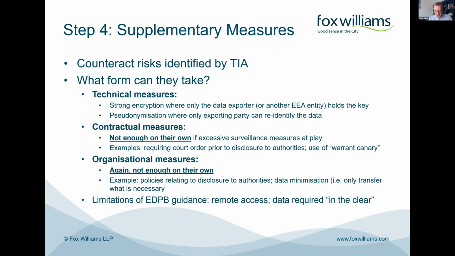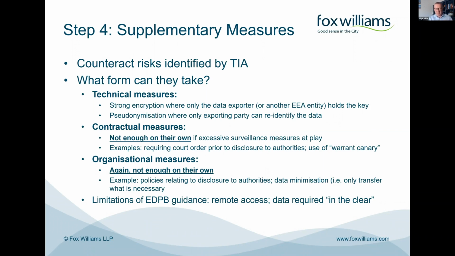Worryingly, they also give the example of where an EU subsidiary shares HR data with its parent company in a jurisdiction such as the US, where public authorities can access that data beyond, as they say, what is necessary and proportionate in a democratic society. And this is a very common scenario, of course, for international groups.